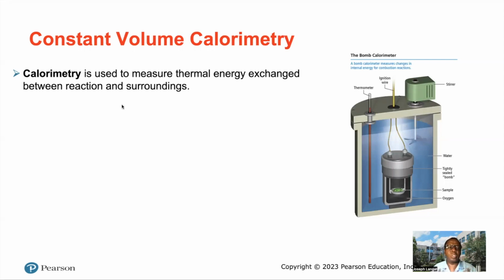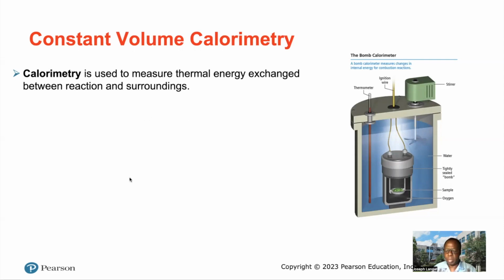So let's go back to calorimetry. Please add this to the vocabulary you need to remember in this chapter. Calorimetry is used to measure the thermal energy exchange between the reaction and the surrounding. In this case, this is the system and this is the surrounding.